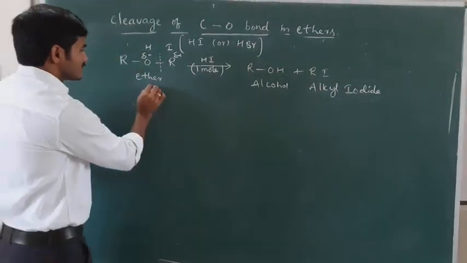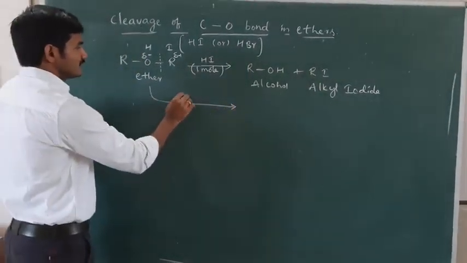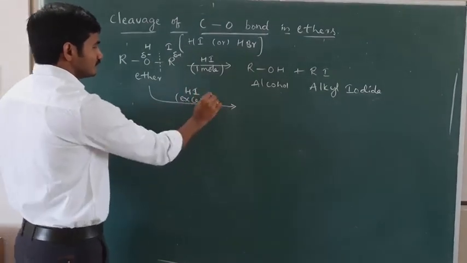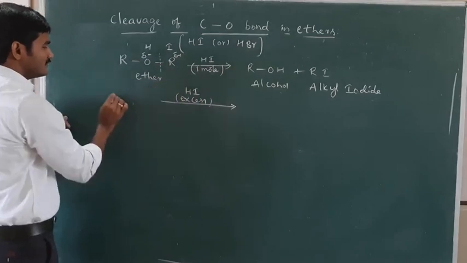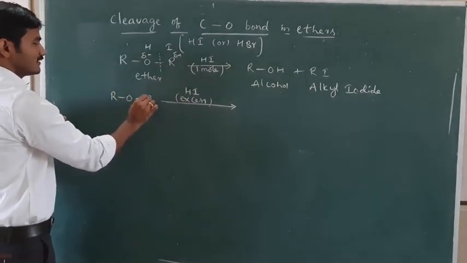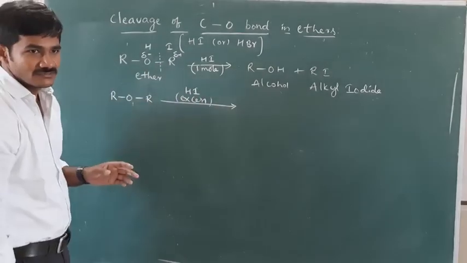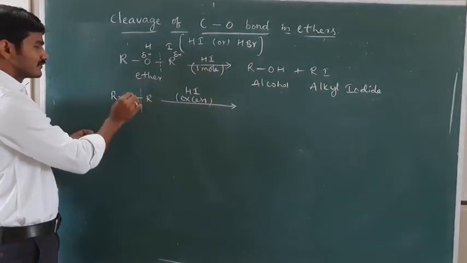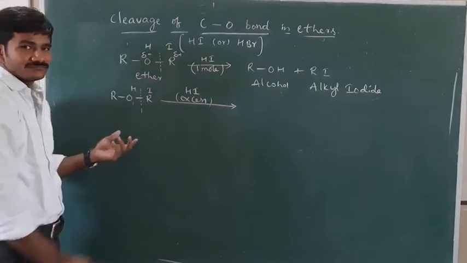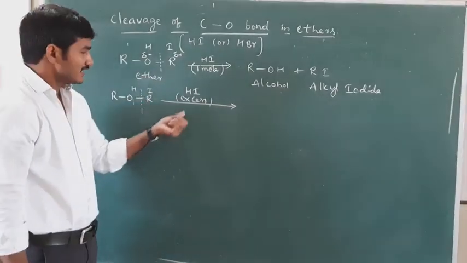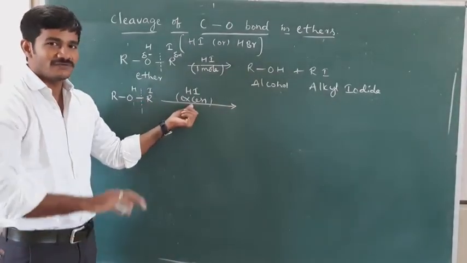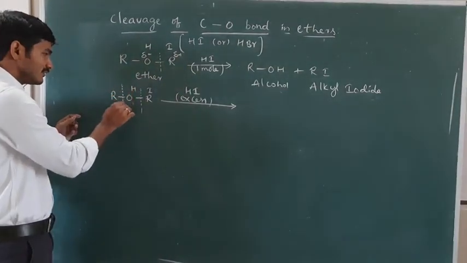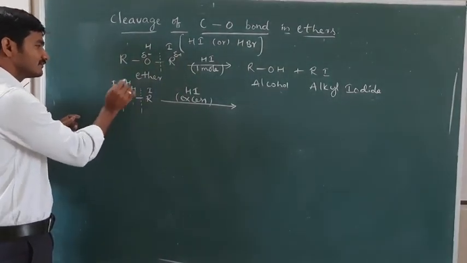If I take excess of HI, then the product will not be the same as with one molecule of HI, because both sides can be broken. If you break here, H here, I here, one side is broken. As we are taking excess, we can also use another mole of HI. This is also a C-O bond. Here also we can break, and add H here, I here.